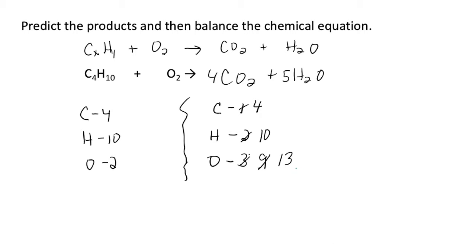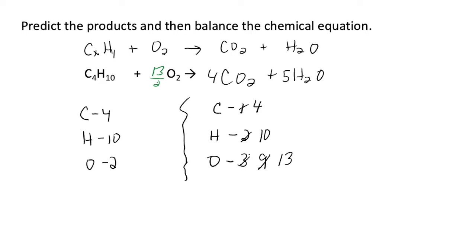So I have 13 oxygens on my products and 2 on my reactants. So I will turn this into a fraction, 13 over 2, 13 because this is the number I have on my products, and 2 being the number I have on my reactants.